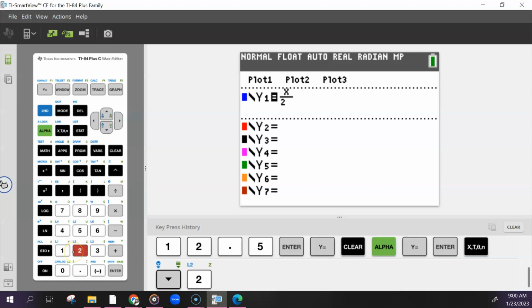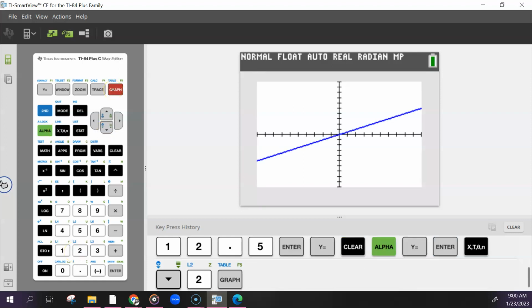Put in x over 2. Graph it. And then you would see that this is a line. It goes to the origin. If you were counting your slope, it is the same. Other questions?